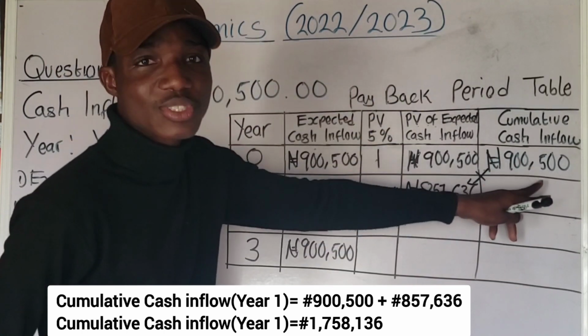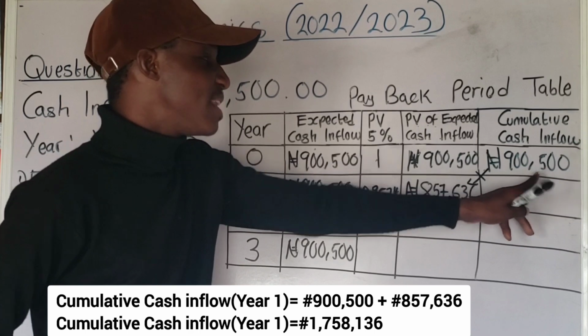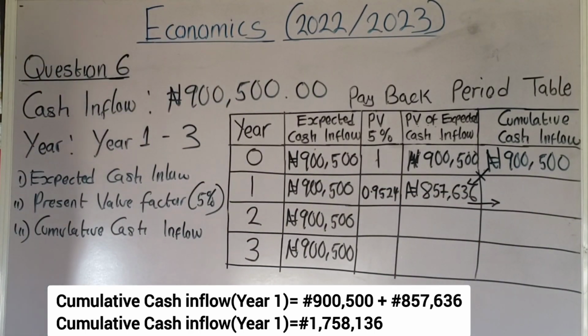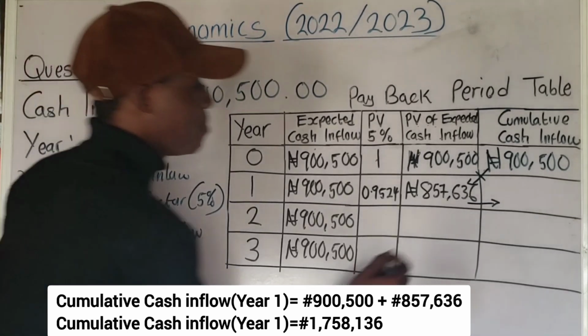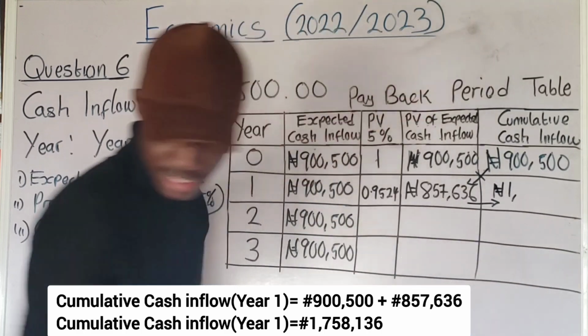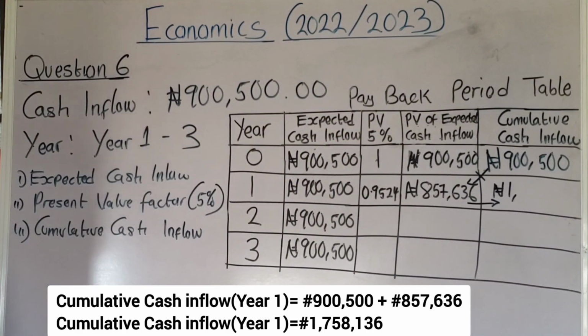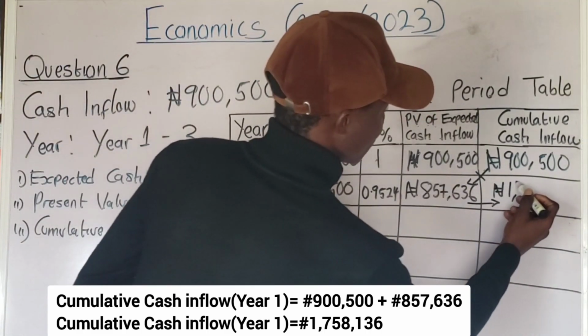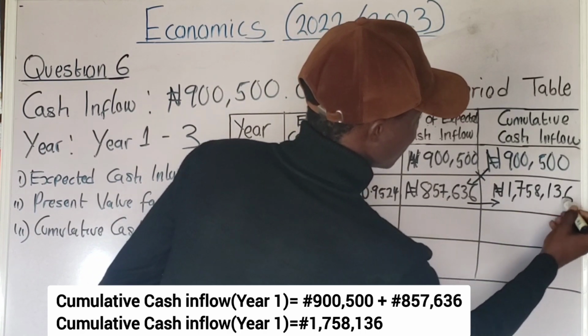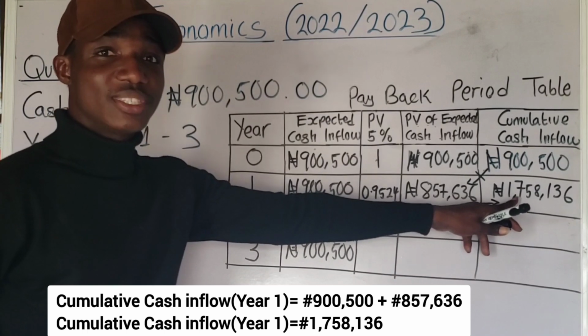So 900,500 naira plus 857,636 naira. What will be your answer? That will be 1,758,136. So, do you understand how I got the value of these cells?